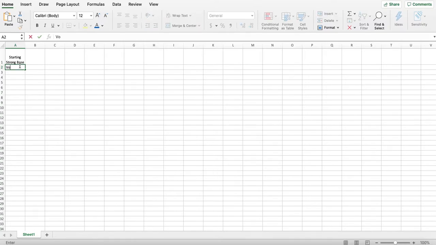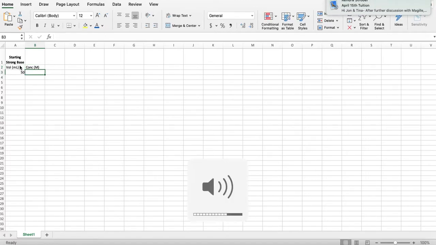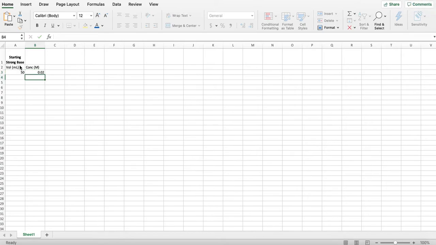Okay, so starting base amount, and I like to make spots for these things so that when we want to make a change, we can just change one number and the whole thing will adjust, right? So here's the problem: we have 50 milliliters of a 0.02 molar base, and we can see that those two numbers are here.